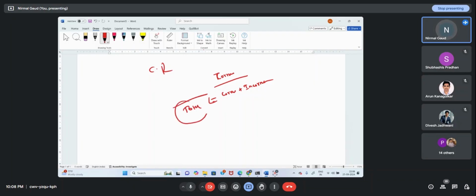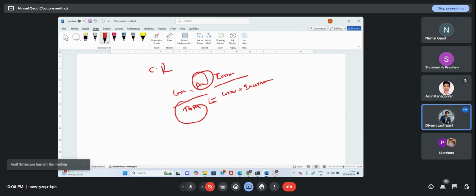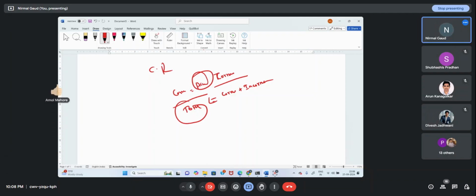Out of total instances, how many of them are correct? That is accuracy. Am I right, or do you have any other formula to find the accuracy? So here we have only 34%.